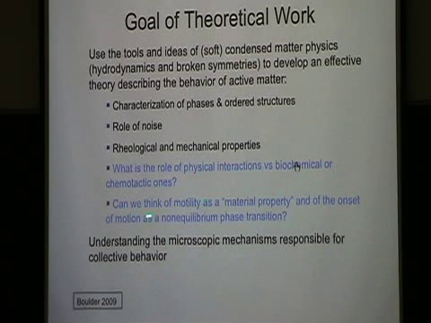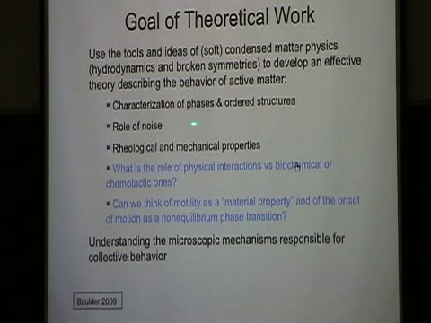And can we think of this collective motion as a material property, as some type of non-equilibrium phase transition?